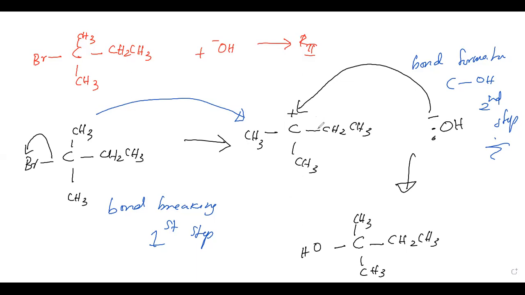Yes, the tertiary alkyl halide will go through the reaction in two steps. Why? Because the tertiary alkyl halide is able to form the stable carbocation. The tertiary carbocation is more stable compared with the primary and the secondary. So the stability, again and again, the same thing that I am repeating. If you understand, you are able to realize.